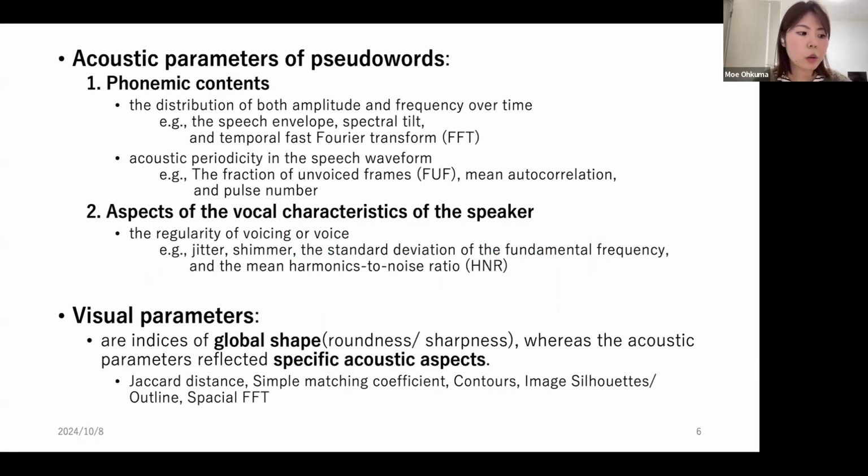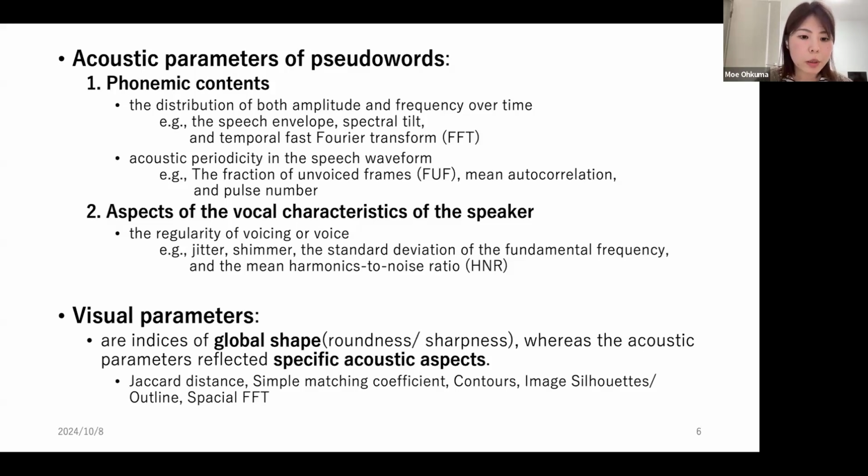And then there are acoustic parameters and visual parameters. The acoustic parameters include phonemic content and aspects of the vocal characteristics, which were the distribution of both amplitude and frequency over time, acoustic periodicity in the speech waveform, and the regularity of voicing.